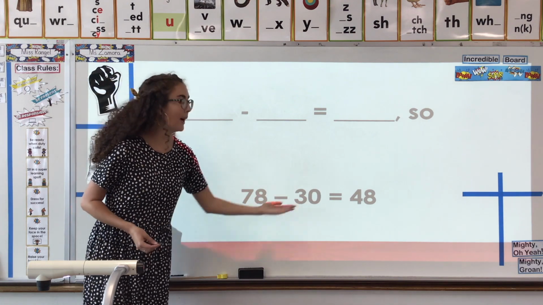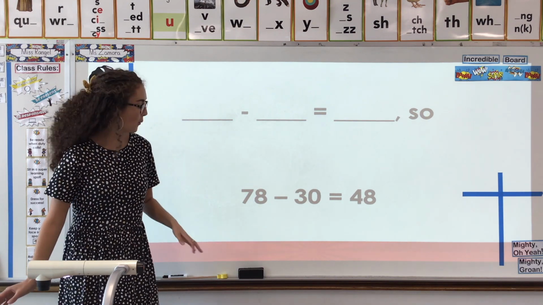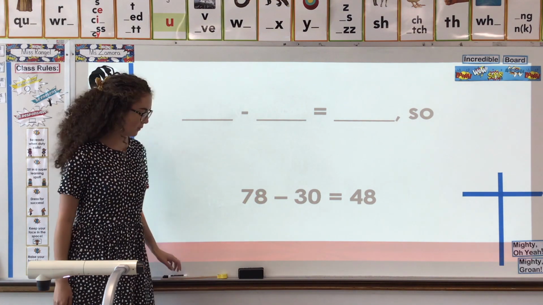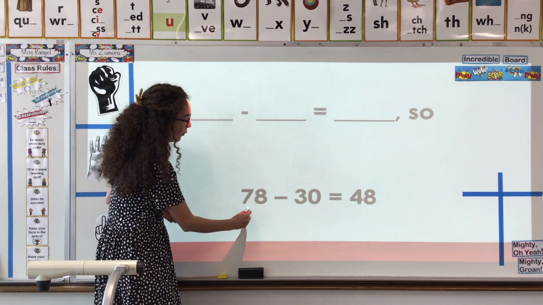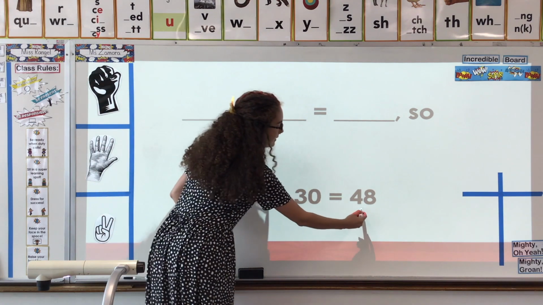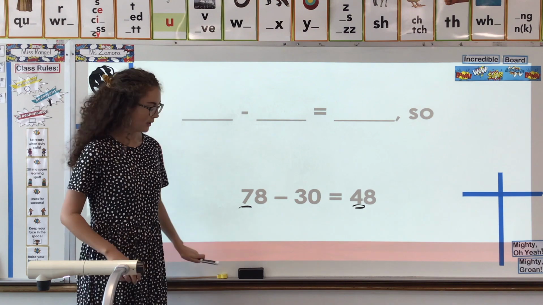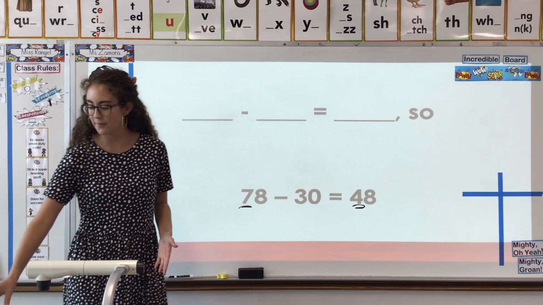In 78 minus 30, we were working with the tens. We had 3 tens to take away. So all we were focused on was the 7 tens and subtracting 3 to get our 4 tens. So we were only working with one set of numbers.